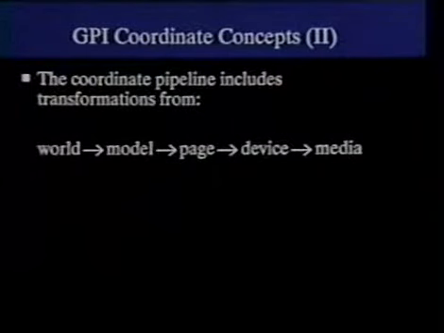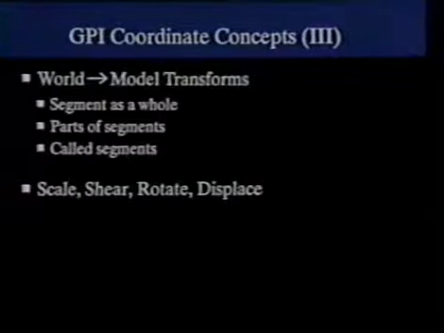GPI's coordinate concepts are much richer than those of the GDI in that they embody the use of a number of coordinate spaces. The coordinate pipeline includes world coordinates, model coordinates, page coordinates, device, and finally media coordinates. The world to model coordinate system is really that.